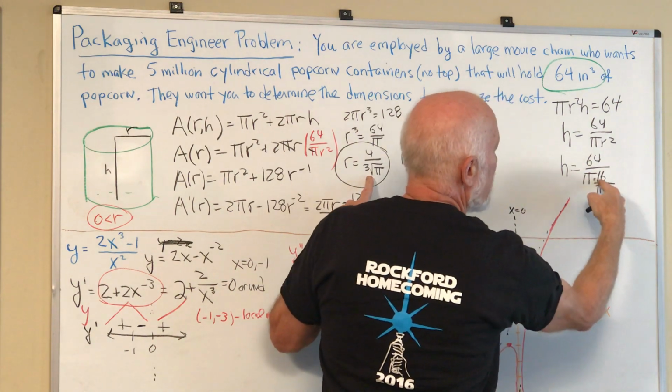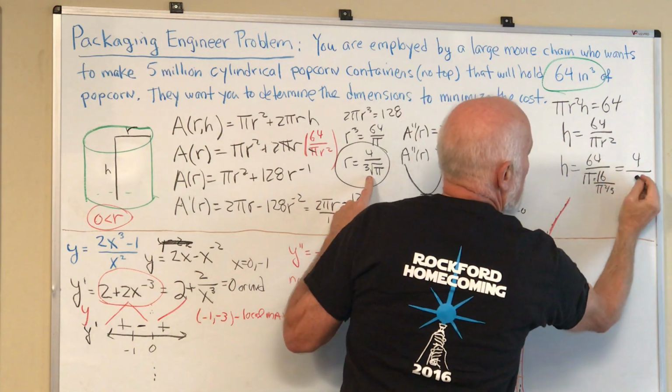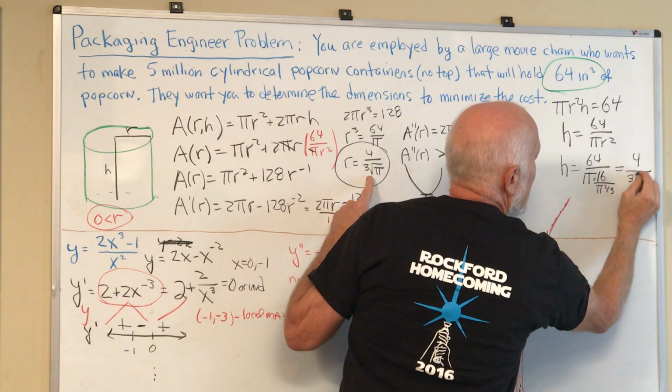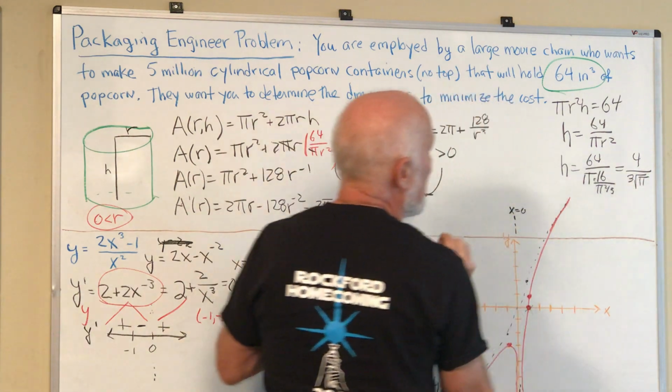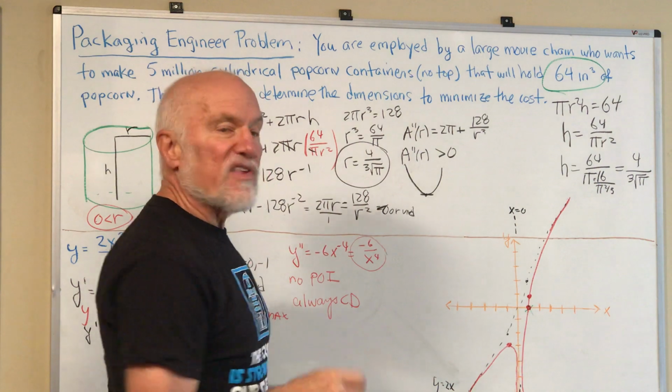Well, 64 over 16 is 4, and pi over pi to the 2/3 is pi to the 1/3.